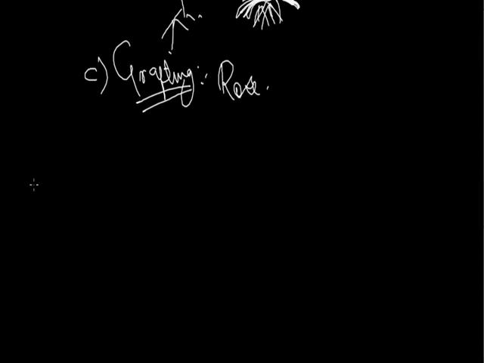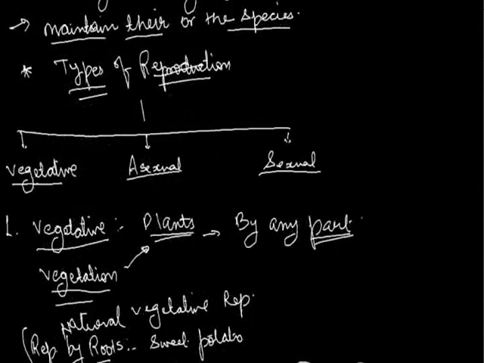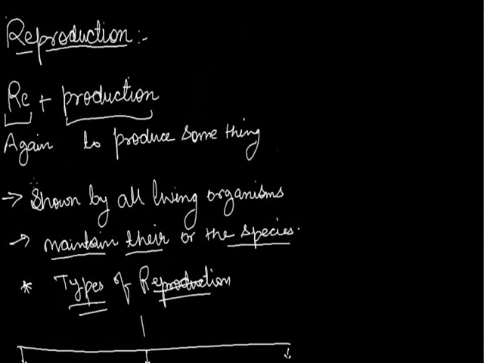We will again recall what exactly the meaning of reproduction is and what the meaning of vegetative reproduction is. As I told you, reproduction is the production of the same kind of offspring as the parents, that is, to produce again, and this process is shown by all living organisms to maintain their species, their number and their existence on the earth.